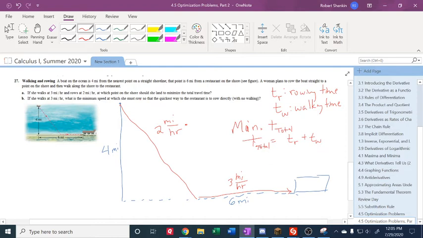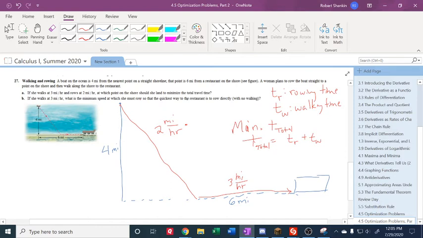And this is the same way we've done every one of these. 1 output variable, but 2 input variables. So we're going to have to rewrite one of these in terms of the other. It's kind of like that's an x and that's a y. We'll have to get some kind of a constraint equation, and then replace one of these letters with the other letter.